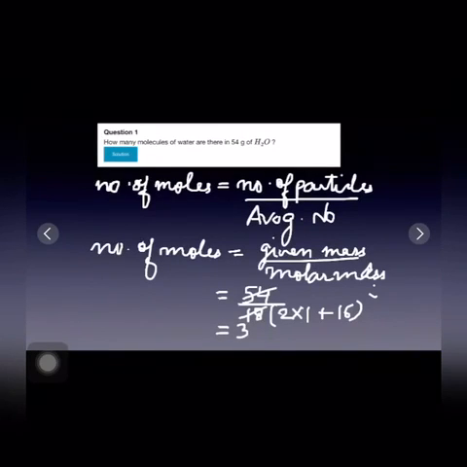So now put this number of moles and Avogadro number in equation number 1, in this formula, and we can calculate the number of particles.